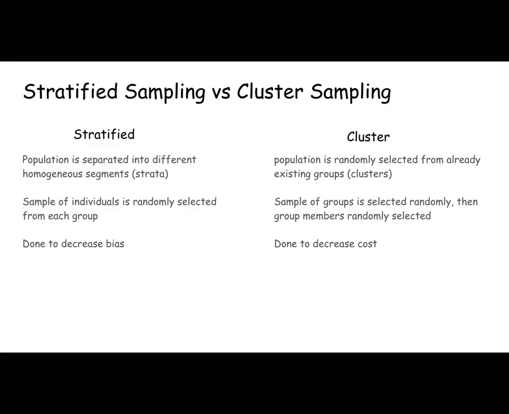And what that means is that in order to reach the kids in our sample, now we only have to visit a small number of schools. We don't have to potentially visit all the schools within Pittsburgh. So it's a cost-saving mechanism for us.